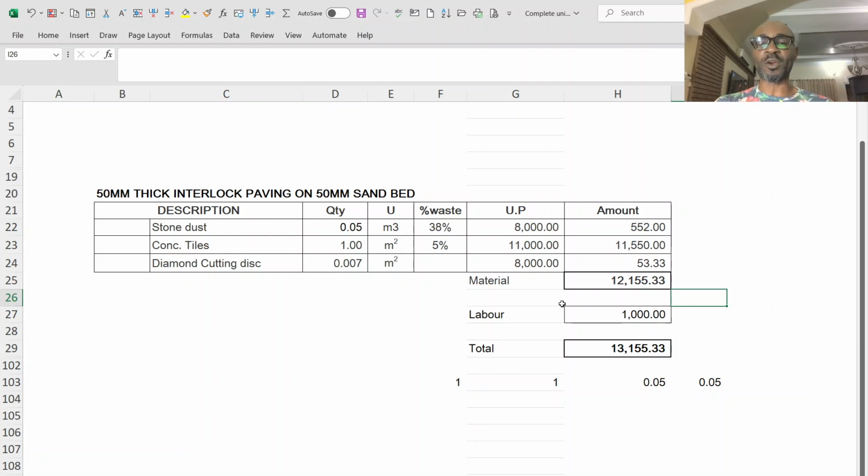So if you now compute what the cost of material will be, you arrive at 12,155 naira 33 kobo. Then the labor varies from one region to another. But in this case, I am taking 1,000 naira for the artisan to prepare the bed and lay the interlocking stone and fill the joints with sand, with stone dust, for the interlock to become firm.